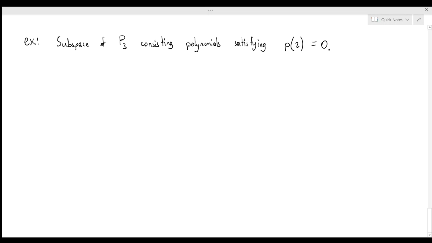Okay. So we're looking at this subspace of P3, and again, we want to find a basis and then figure out what its dimension would be.